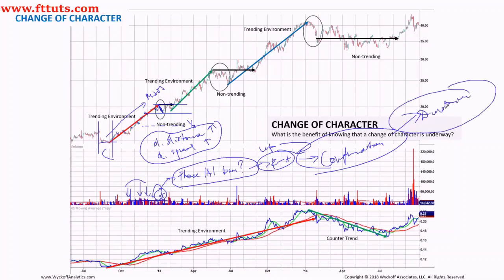This could be just a preview of what's ahead for those of you who are going to graduate to a more advanced level. Think about the increase of the supply. Is it a lot of supply or not a lot of supply that comes in on this change of character? Probably not, right? So it increases, but not substantially. So what could we say about the level of the supply?